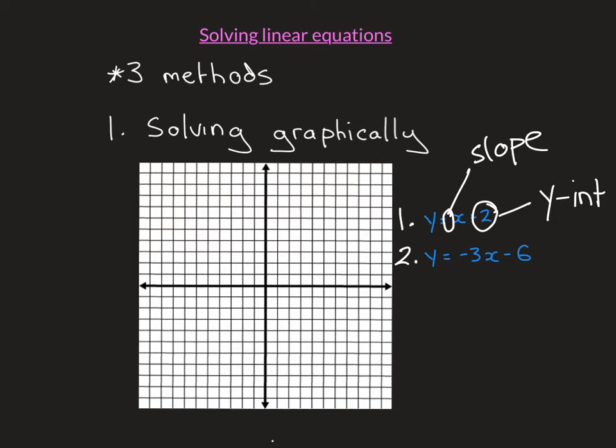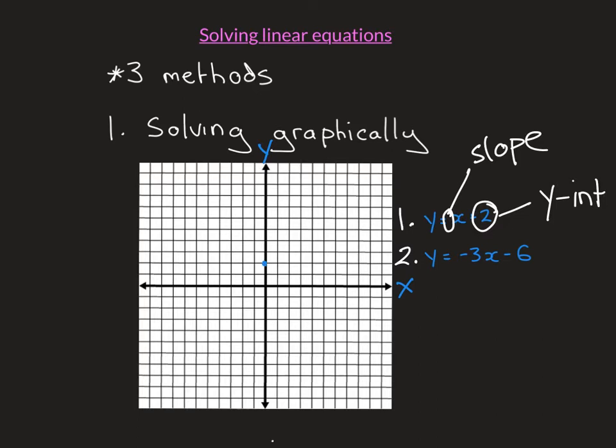Okay, so if we draw that, the first thing that we draw on the graph is our y-intercept of 2. Remembering that the vertical axis is our y-axis and the horizontal axis is our x-axis, and each square is worth 1 point, the first point on the line is going to be here.